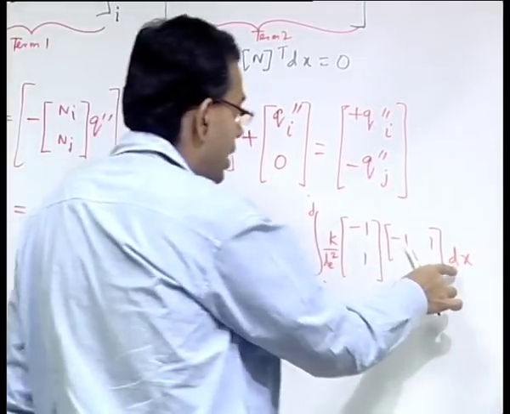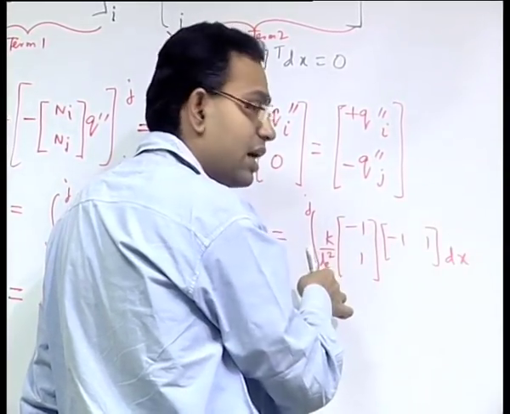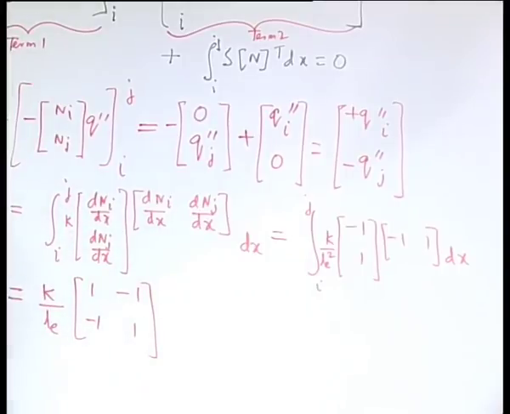Integral of dx from i to j will be Le. So that Le will cancel with Le square to make 1 by Le.